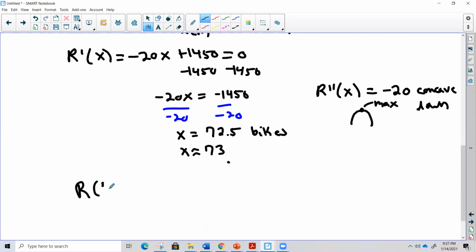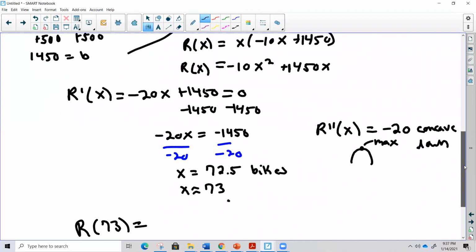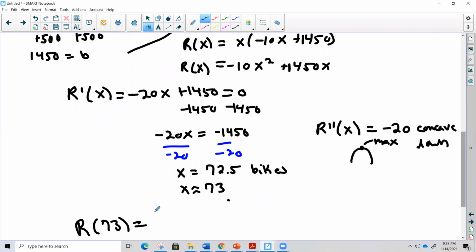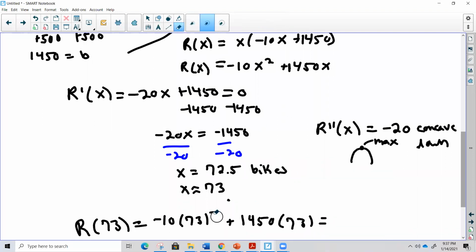I'll plug in 73 into my revenue function. So this negative 10x squared plus the 1450 times x, and I'm going to find that value to get my revenue when I sell 73 bikes.